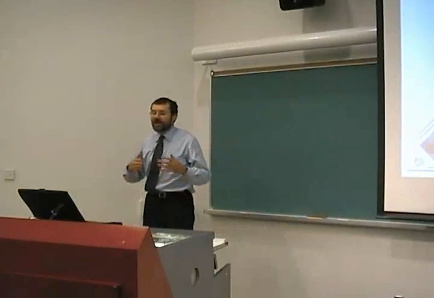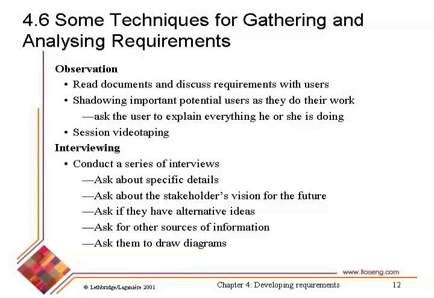The final point on this slide is get people to draw diagrams. Some people are visually oriented. They think visually about things. They're not very good at explaining things in words, or that's just not their mode of thinking. Other people, on the other hand, think linguistically, and they don't think visually.